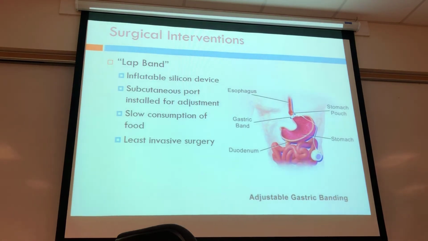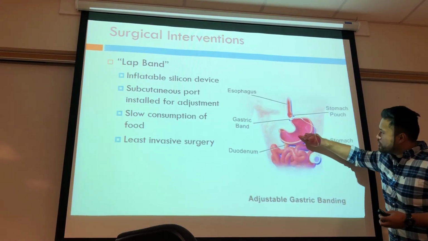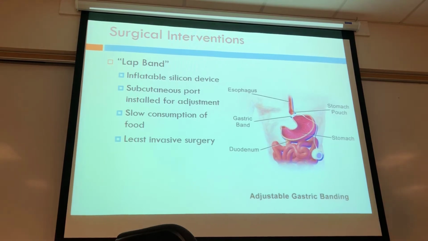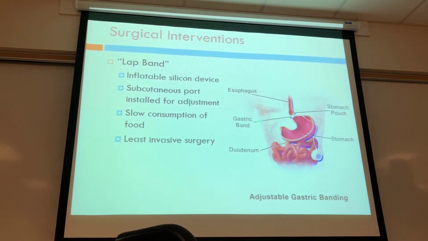That band limits the rate at which the stomach fills. This fake pouch that's created is the area that will store the food, and it'll eventually squeeze through into the rest of the stomach. The theory is not to cut anything apart, but to slow the rate at which we fill the stomach, to give you the feeling of satiety.